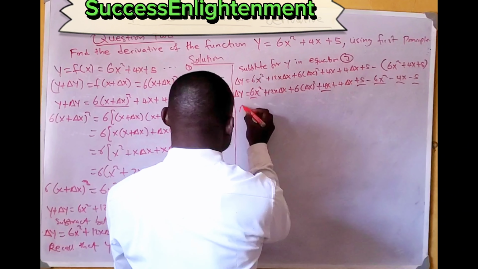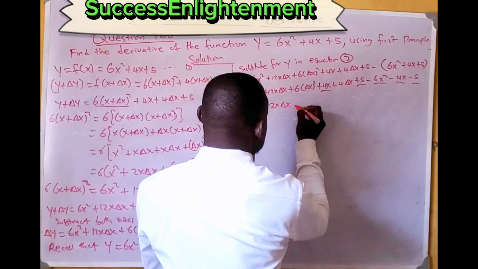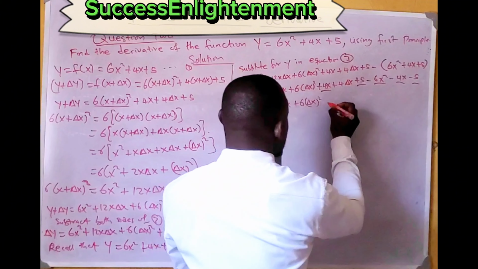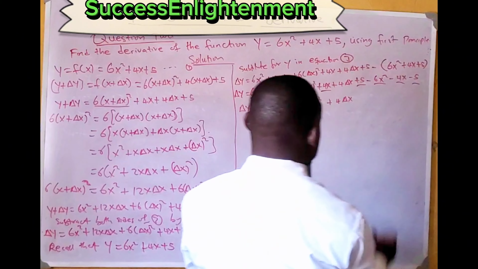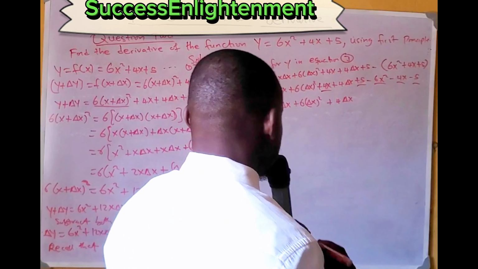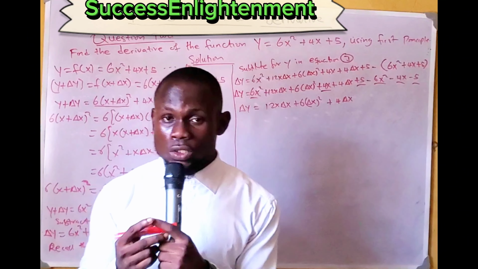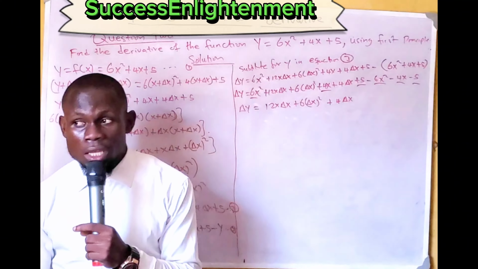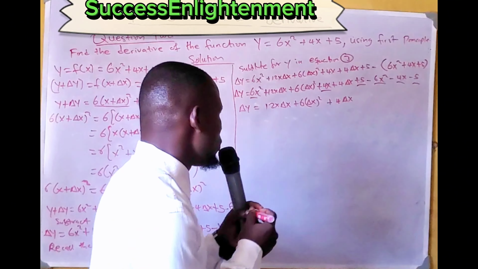So our change in y will then equal 12x change in x plus 6 change in x squared plus 4 change in x. That's what is left. From here, the next step is to find our difference quotient, which is change in y over change in x.